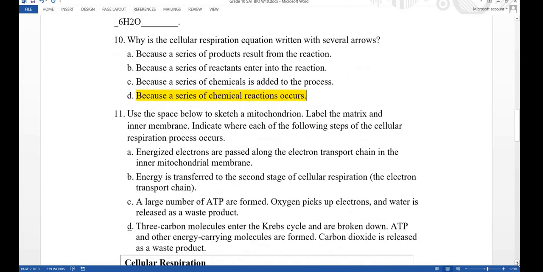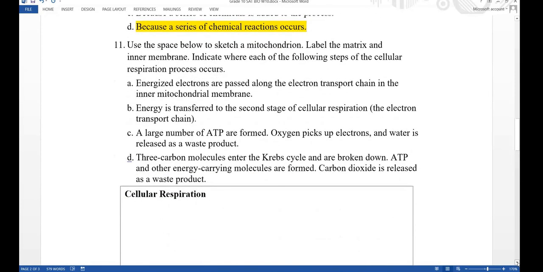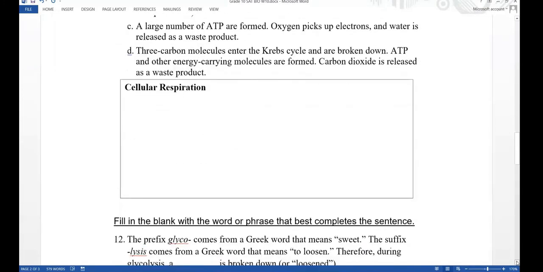Number 11, use the space below to sketch a mitochondrion and label the matrix and inner membrane and indicate where each of the following steps of the cellular respiration process occurs. Okay, so you need to draw the picture of the mitochondrion as it is given in your textbook, and label these A, B, C, D as where they take place. You may follow the diagram on page number 108, draw it here and then label the steps A, B, C, D.